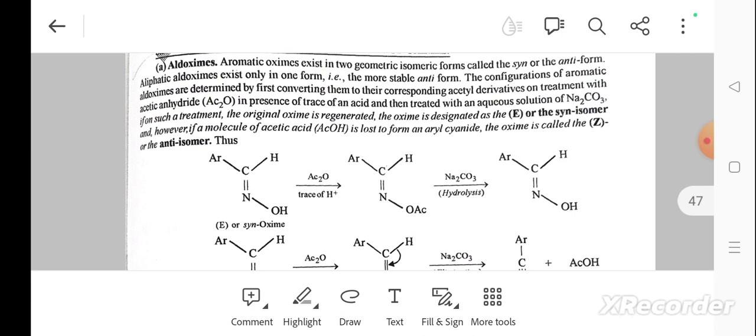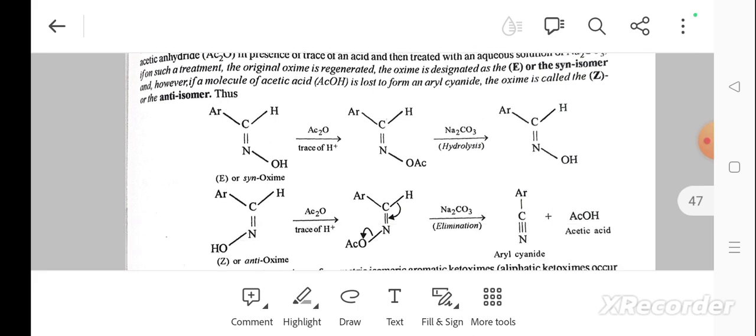If on such a treatment the original oxime is regenerated, the oxime is designated as E or the syn isomer. However, if a molecule of acetic acid is lost from an aryl acetate, the oxime is called the Z or anti isomer.